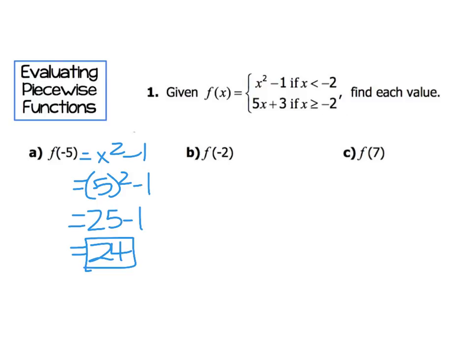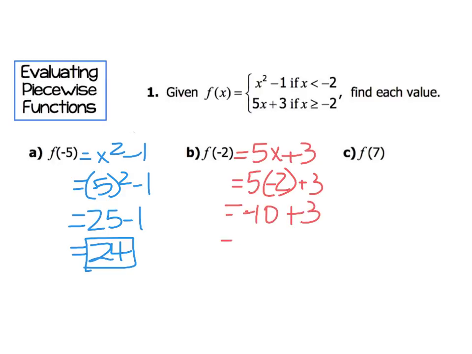So we're going to be using the function 5x plus 3. And we want to plug in negative 2 for x. So we get negative 10 plus 3. So f of negative 2 equals negative 7.